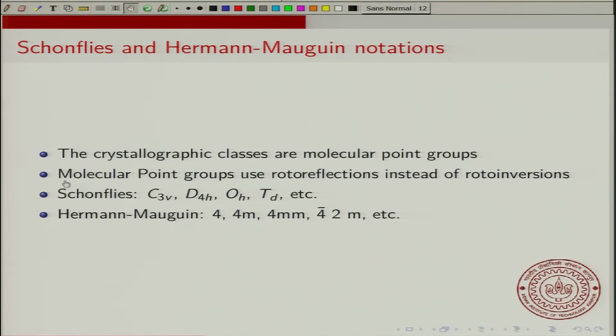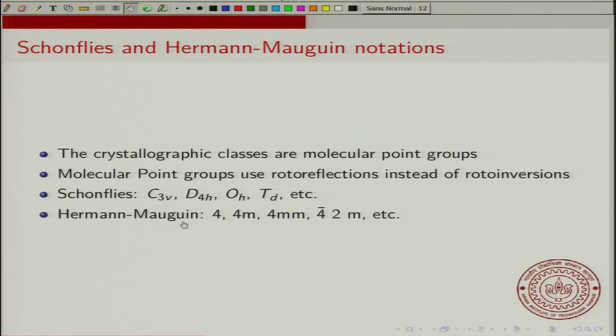And conventionally, molecular point groups use rotoreflections instead of rotoinversions. So in crystals we use rotoinversions, whereas in molecular point groups rotoreflections are used. Now the Schoenflies notation you might have seen in molecular group theory. There are terms like C3v, D4h, Oh for octahedral, Td for tetrahedral, and so on.